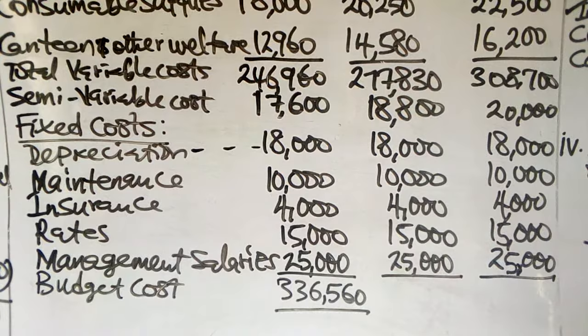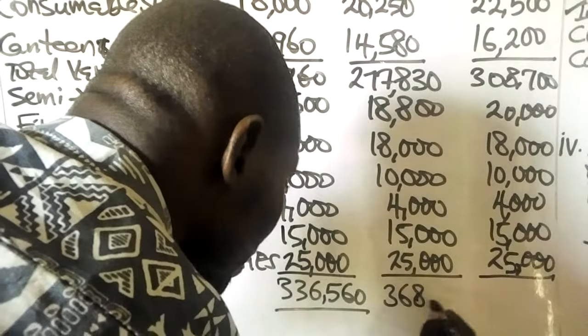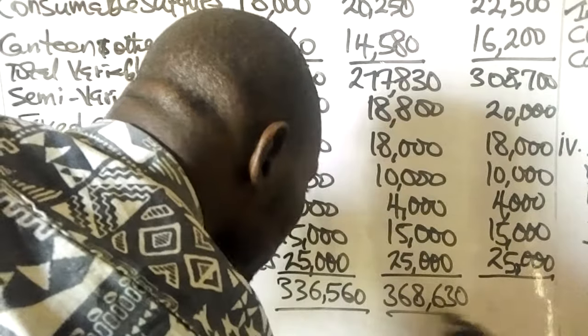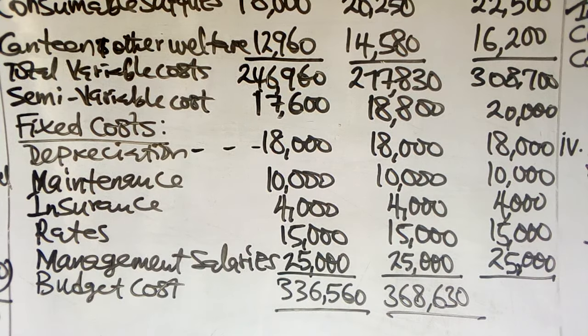Then the second one, 368,630. Then you sum up the third one, and that is total 400,700. That is all about requirement A.